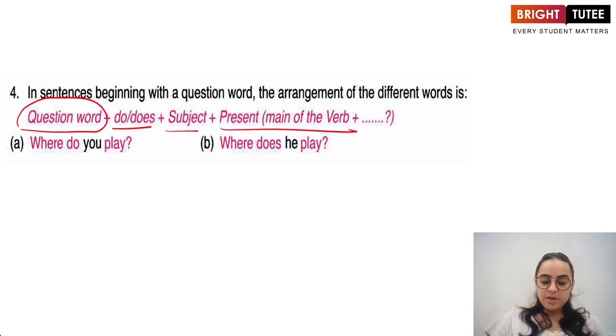Alright? Where do you play? Where does he play? So you see, where plus do. Why did I use do? Because my subject is you, and with you we use do. Where does he play? Here my subject is he, so I will use does.